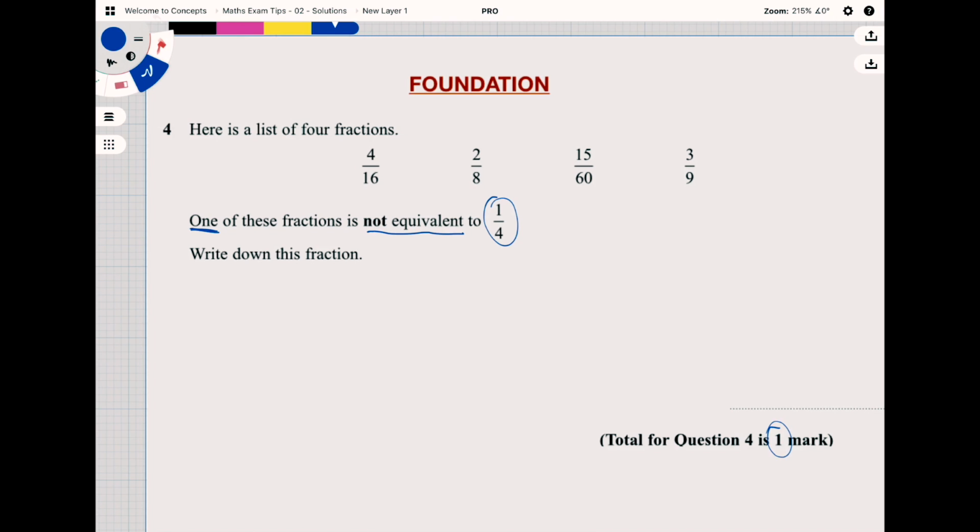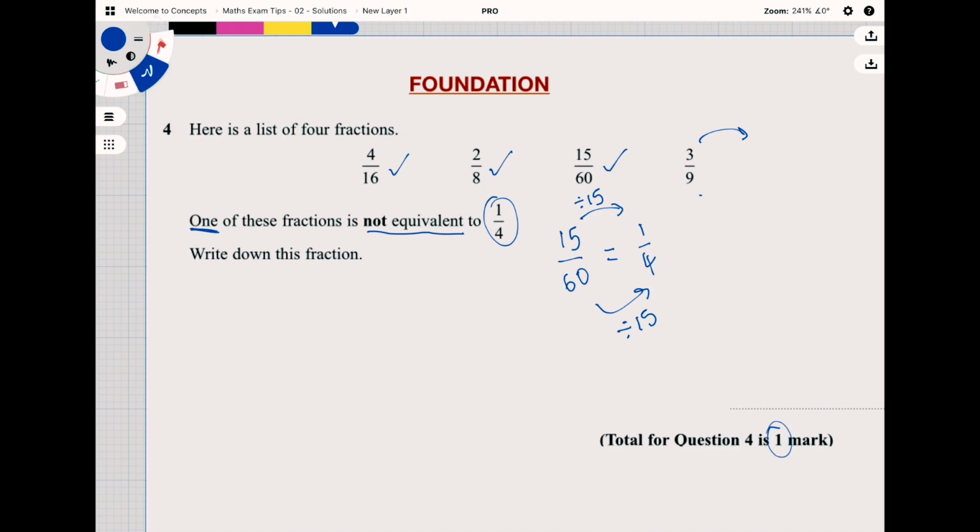So 4 out of 16 is divisible by 4, therefore it is equivalent to a quarter. 2 over 8 is divisible by 2, so it is equivalent to a quarter. 15 over 60, if it's a big number for you, we can check by dividing by 15, and therefore it is divisible to get a quarter. 3 over 9 can be simplified, or we can find an equivalent fraction, but we'll see if it's a quarter.